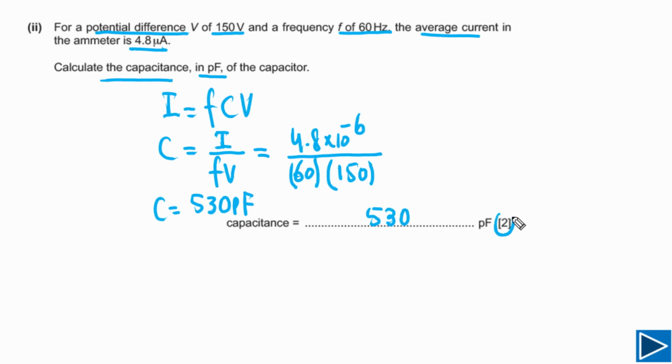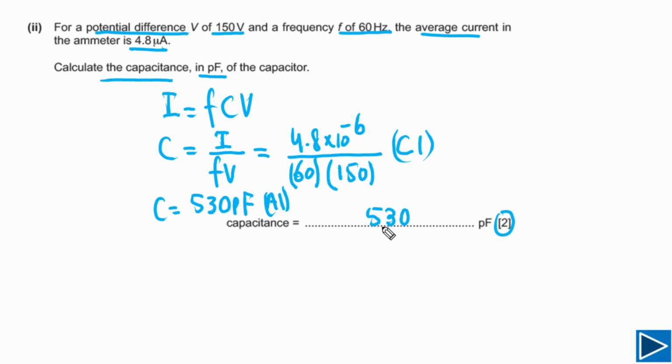This question has 2 marks. The first mark you will get, the C mark, if you have rearranged this equation and plugged in these values, and the second mark is the A mark. This is the answer mark you will get if you have got the right answer. Even if your answer is wrong but you have written this one, you will get the C mark.